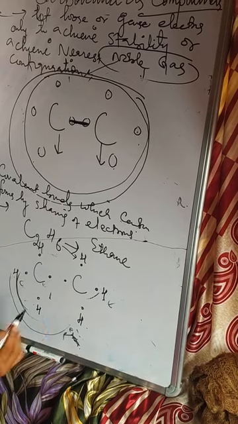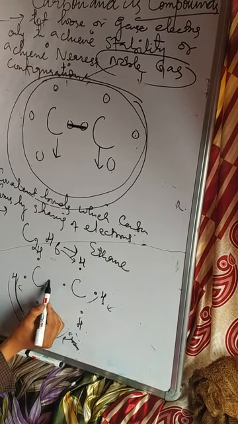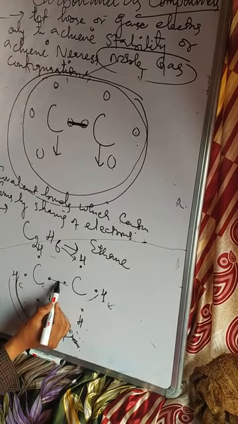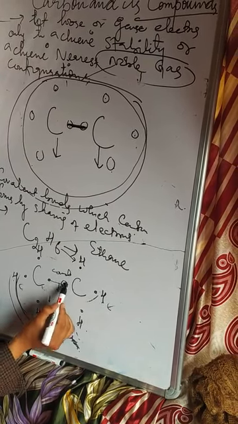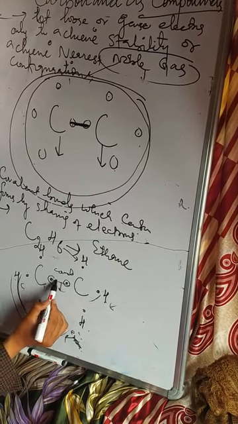Look, this carbon and this carbon will form a bond that is covalent in nature. This carbon will provide 1 electron and the other carbon will provide 1 electron.